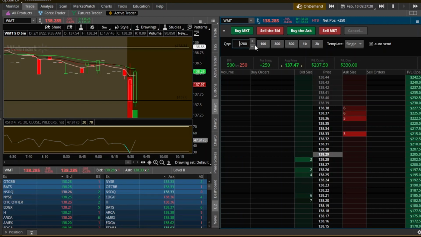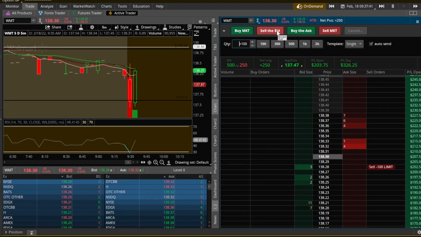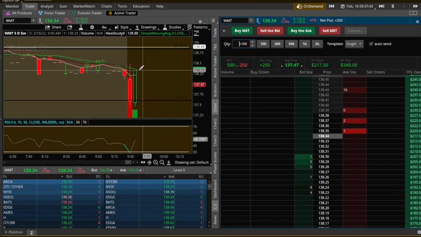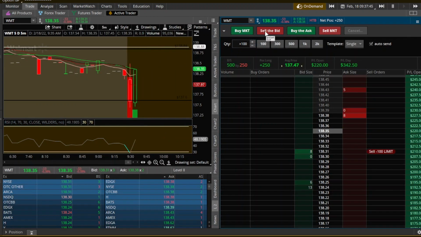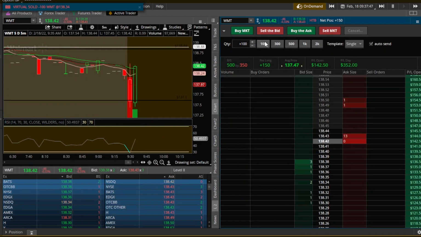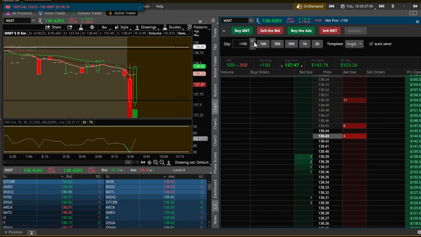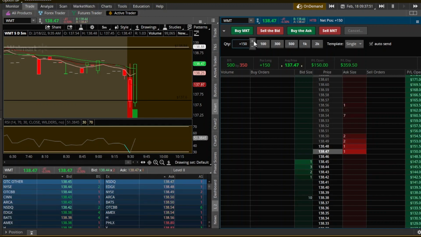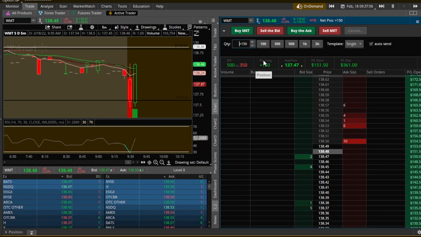I'm going to sell 100 more here at this 20 SMA. Okay, that leaves us with 150 shares. You can see how many I've got open here.